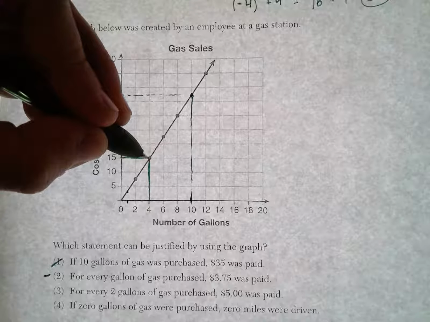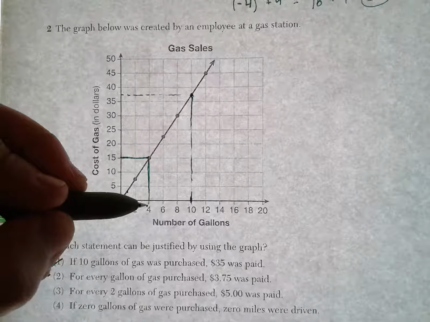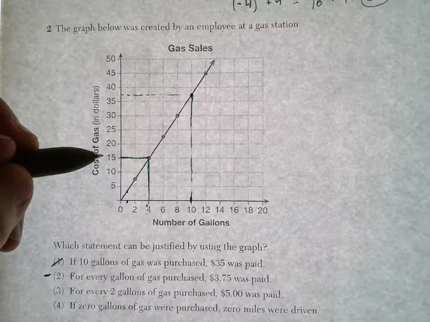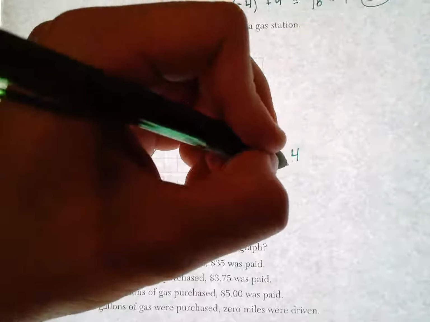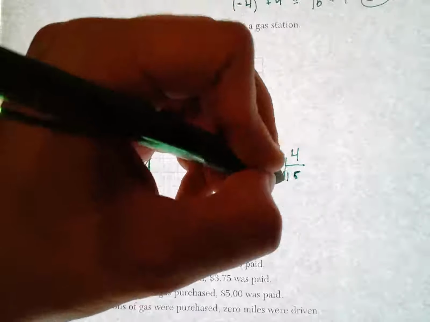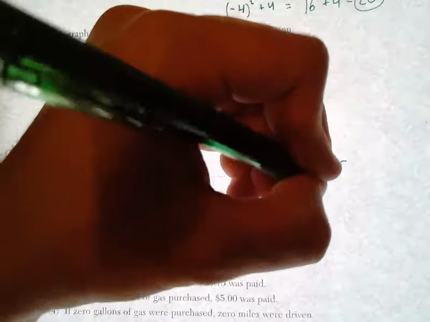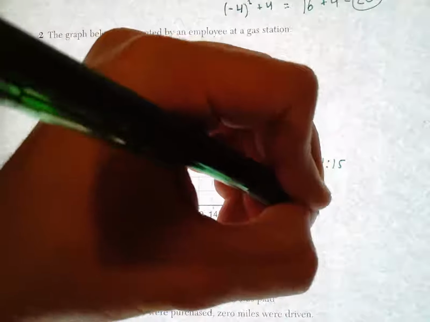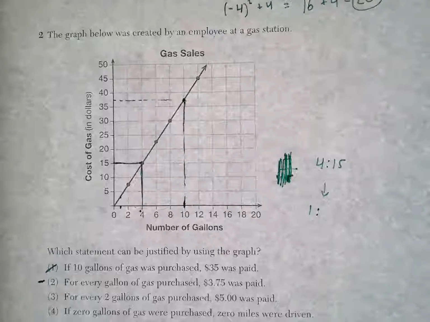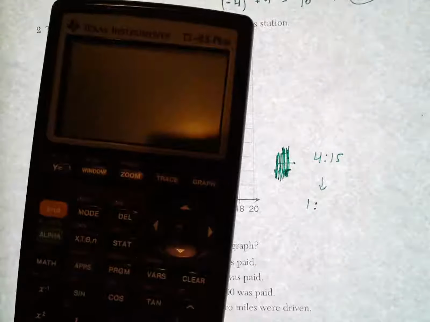At 4, it's 15. Well, if at 4 gallons my cost of gas is 15, I shouldn't do a fraction, let's do a ratio. At 4 gallons, my cost is 15. Using the same ratio, what would happen at 1 gallon? Well, to do that, I can just say, what did I need to do to get from this 4 to this 1?